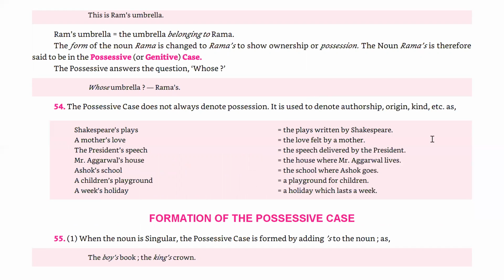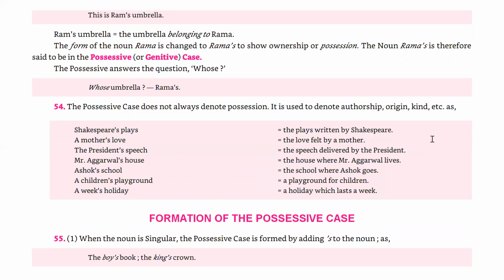Rama's umbrella means this umbrella belongs to Rama. Now you see here that the noun Rama is changed and we put an apostrophe mark with S. When we put apostrophe and S, we talk about ownership or possession.